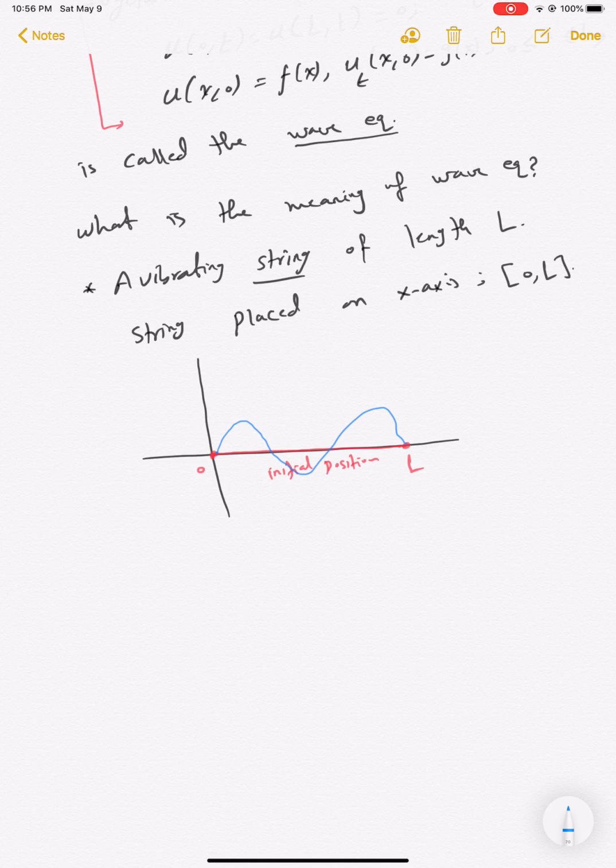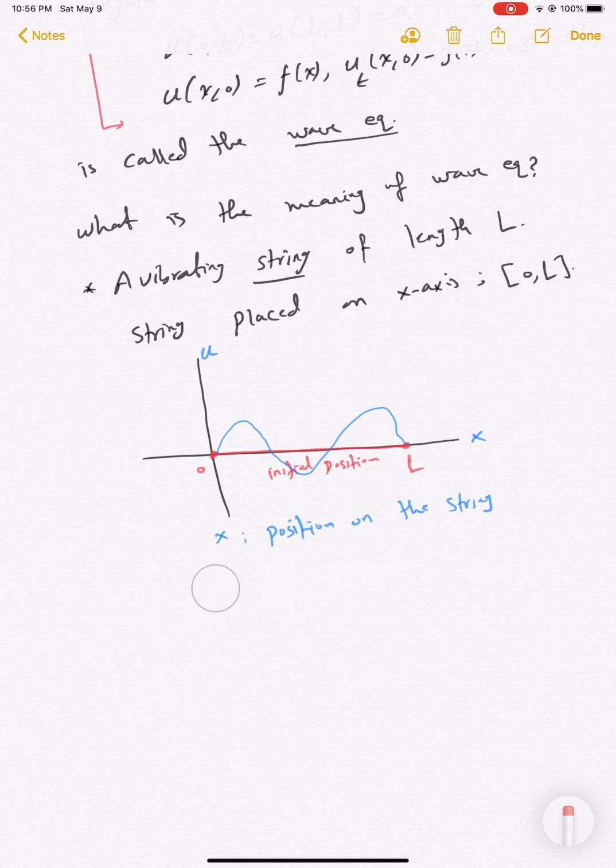Now, when it vibrates, I will use the y-axis to describe u, and the x-axis to describe x. So what is x? x is the position on the string. For example, if you say x is 1, that means you have the string after one unit of length on the string.